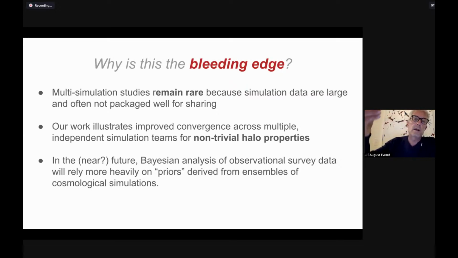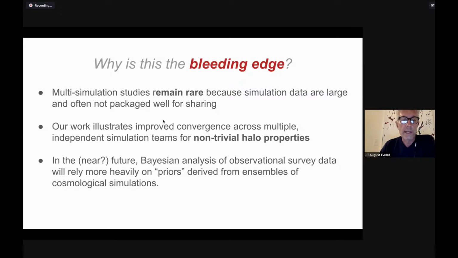We're not having to go directly into the simulation output and measure everything ourselves. We're letting our colleagues, the people who have done the simulations, make the measurements. We make sure that those measurements are consistent, but then we can just collect catalog-level information, which is a lot simpler than starting from the individual particle and cell output of these very large simulations.